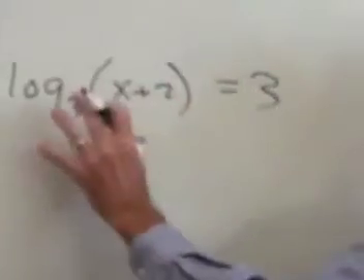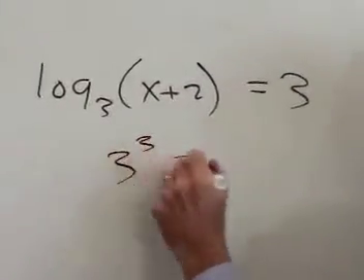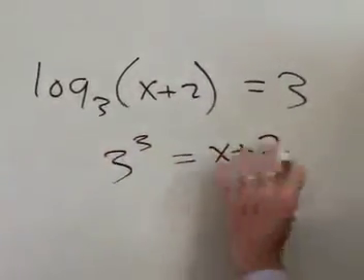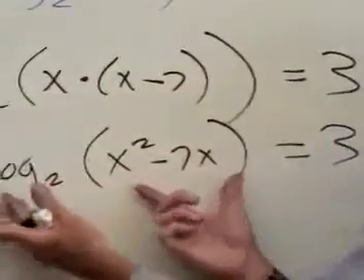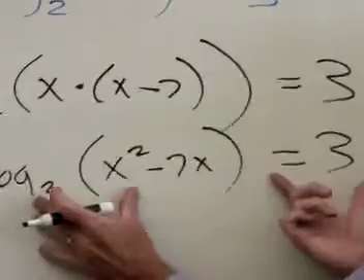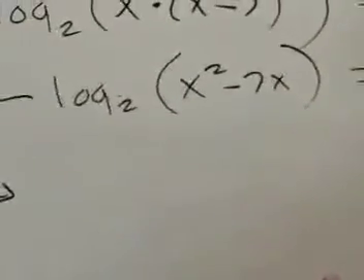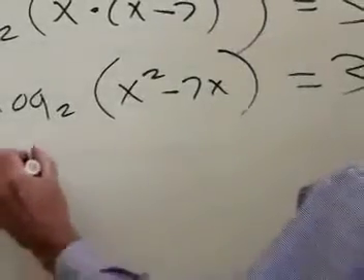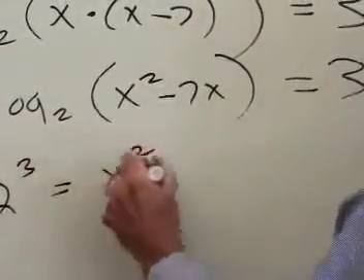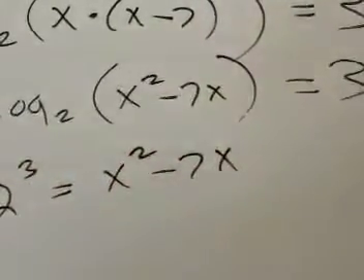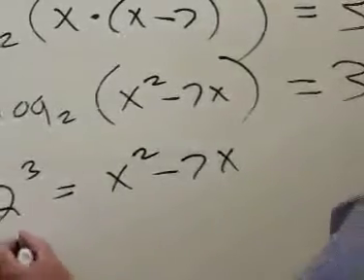When we had this problem and we had 3 cubed equals x plus 2, and we very easily solved for x. Once you combine it to a single logarithm, you can then turn the equation into an exponential form. 2 cubed equals x squared minus 7x, which is 2 cubed is 8.